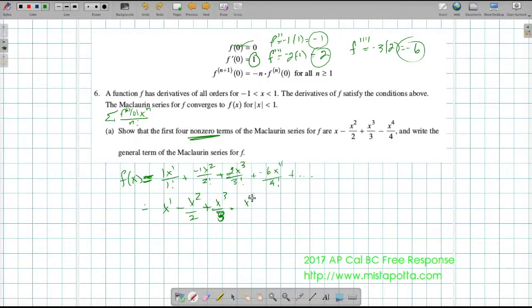This is minus x to the fourth over 4, plus, and this is going to continue to x to the n over n times negative 1 to the n plus 1. Notice that my even terms are the ones that get the negative signs, and my odd terms are positive, plus dot dot dot. So I need to make sure that I show that I get the first 4 non-zero terms, my work here, and then I need to also show my general term.